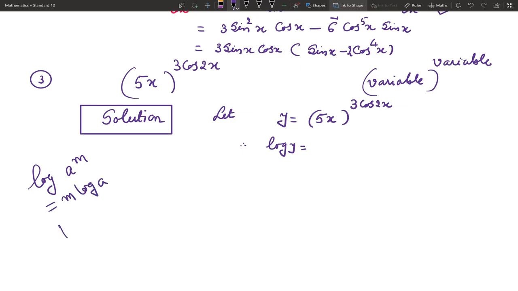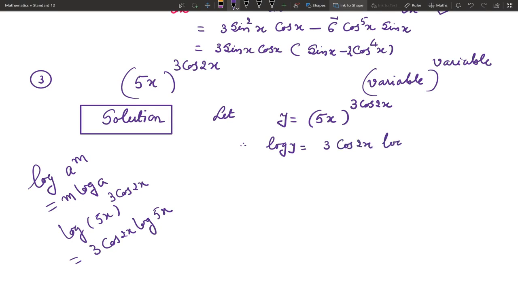So when we take log of 5x raised to 3 cos 2x, it will be 3 cos 2x log 5x. So on the right hand side we have used this formula.